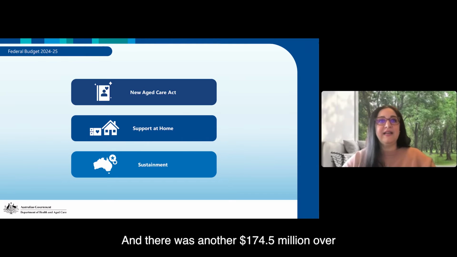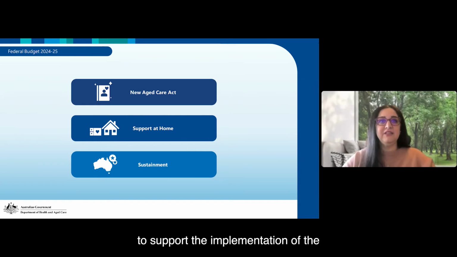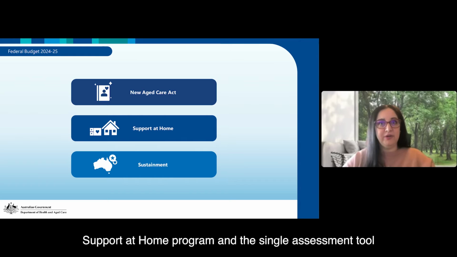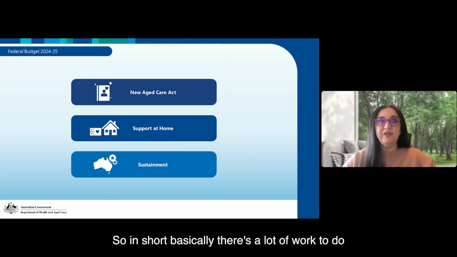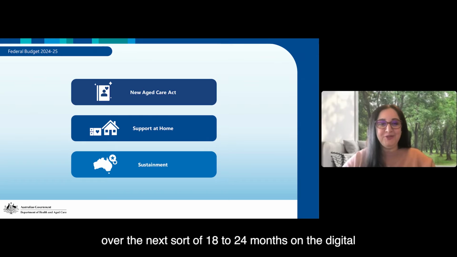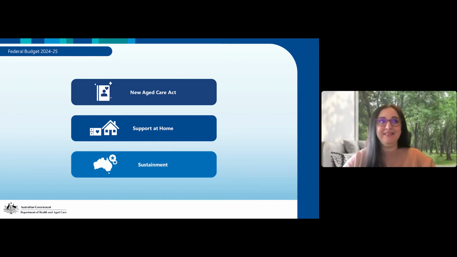And there was another 174.5 million over 2 years for ICT infrastructure and services to support the implementation of the Support at Home program and the single assessments tool, also to 2025. So in short, basically, there's a lot of work to do over the next sort of 18 to 24 months on the digital front to support the budget announcements.